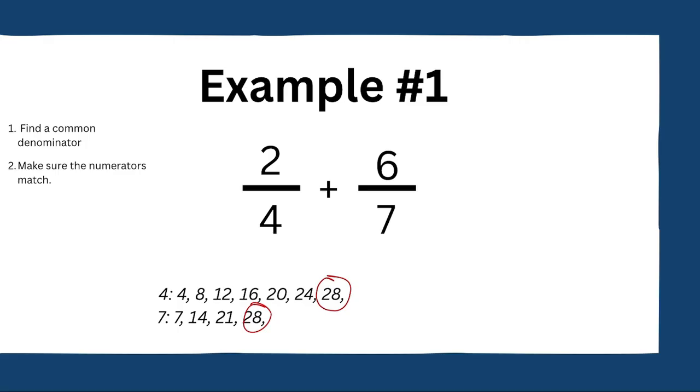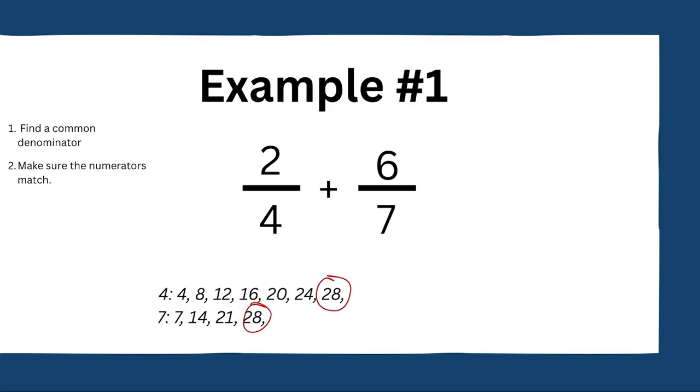So if you really want to write it out, you can do 2 over 4 times 7 to the numerator and to the bottom. And now for 6 over 7, I see that it took me 4 times to get to 28. So now I'm going to do that at the top as well for 6. So I'm going to do 6 times 4. And that's essentially how I'm going to make those numerators match with the common denominator, 28.